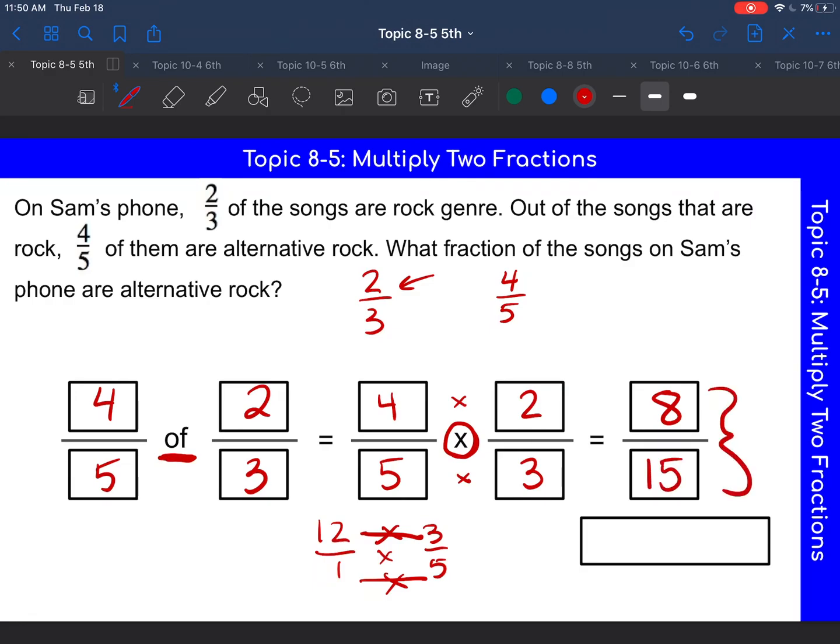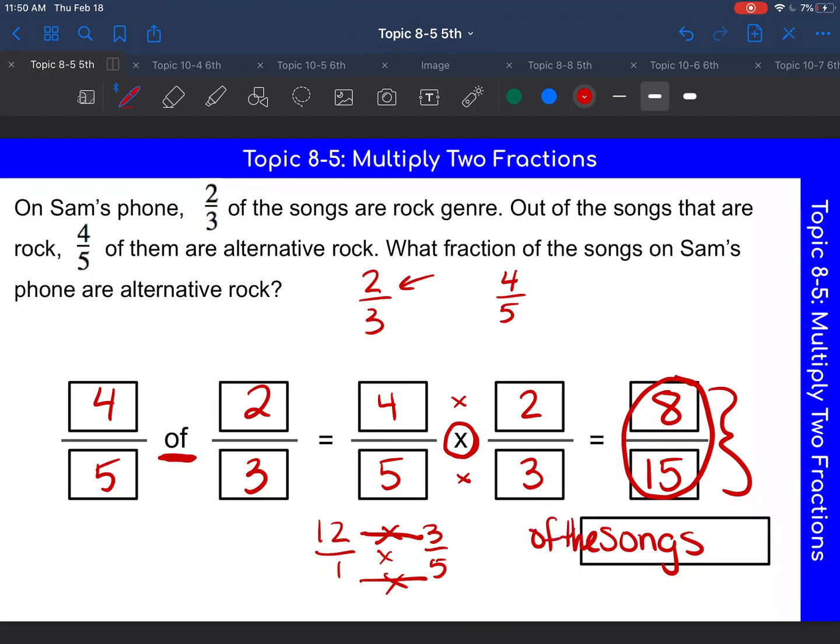And then you always want to see, can I simplify it? Is it improper? Can it be simplified by dividing by anything? In this case, 8/15 cannot be simplified any further. So it's just 8/15 songs, or 8/15 of the songs.